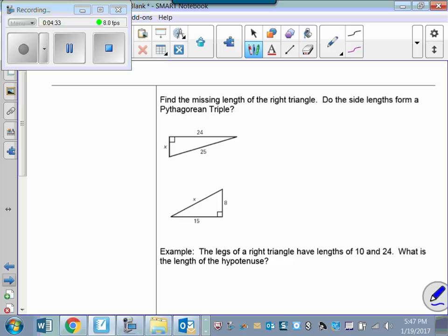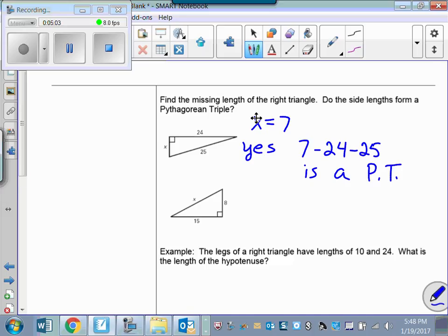Well, we just looked at the triples, and if I'm not mistaken, 7, 24, 25 was one of them, so we're not even going to bother to do the Pythagorean theorem. We know that x equals 7 because this is a triple, so yes indeed. And the more you write it, the more you'll remember. You could call it a PT, a Pythagorean triple. That's good enough for me.